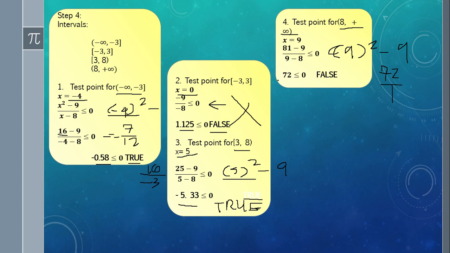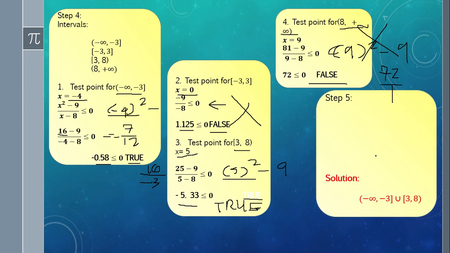Then we determine whether 72 is less than or equal to 0. The answer is false because 72 is already a number greater than 0, positive 72, which means this interval for this test point does not belong to our solution.